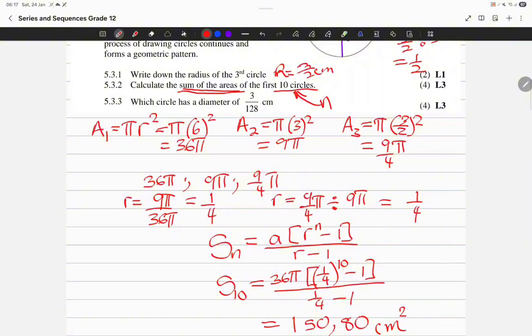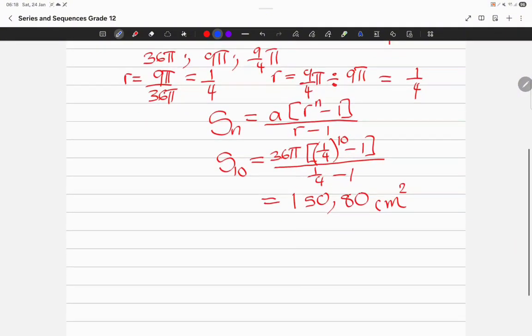Next question: which circle has a diameter of that? So it seems like they're switching it up again. Now we're dealing with diameters. Originally we started with radius, then we came to area. Now it's diameter. Anyway, we had a radius of 6 initially, and then 3, and then 3/2.